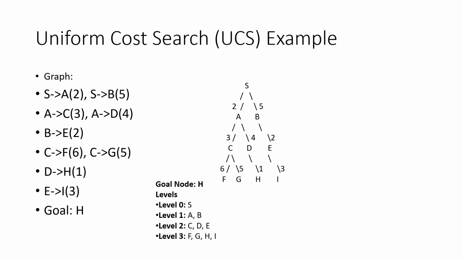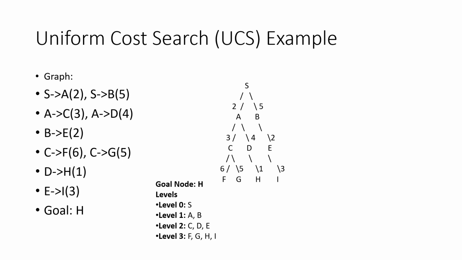At the same time A is connected to C and D, each with its value. B is connected to E with its value. Then F and G have their optimal values, and D is connected to H with a particular value. At the same time E is connected to I with a particular value.